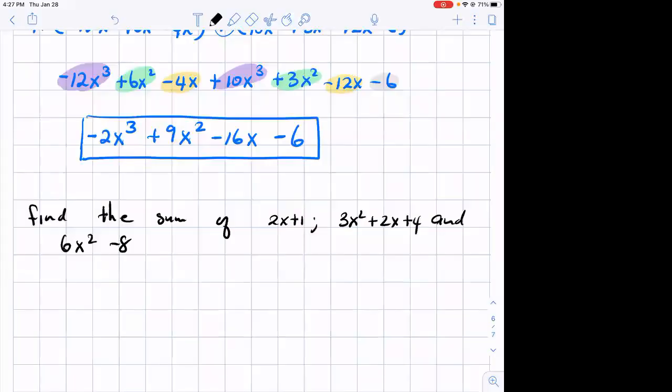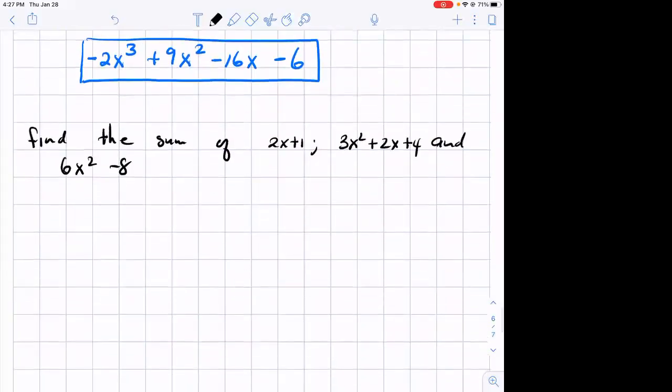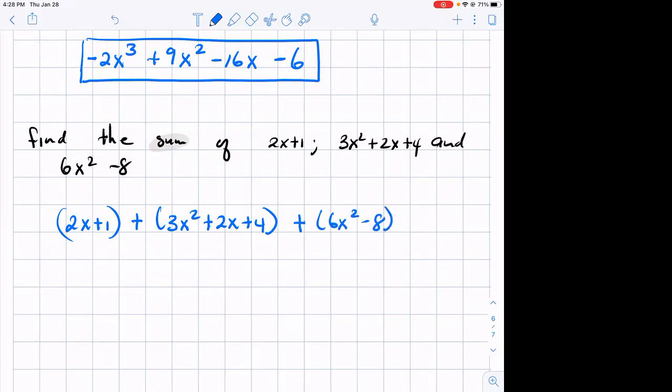Now, because we have three polynomials here and we're finding the sum of them, what we will do is just write them out. 2x plus 1 plus 3x squared plus 2x plus 4, and another plus, 6x squared minus 8.